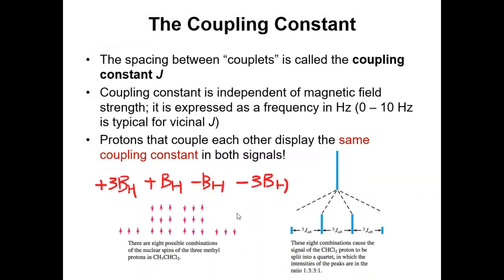This has nothing to do with the instrument magnetic field, because it just describes the magnetic interaction between a pair of nuclei. And protons that couple to each other display the same coupling constant in both signals.